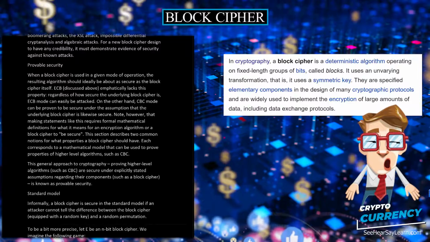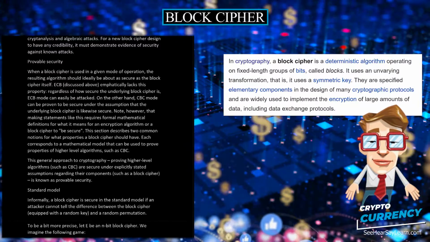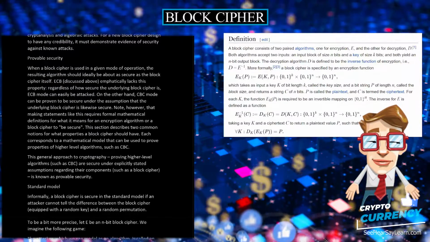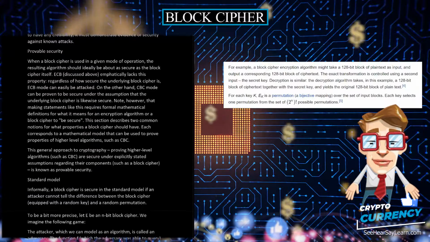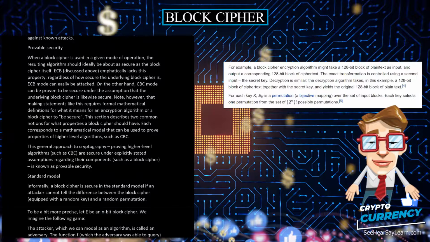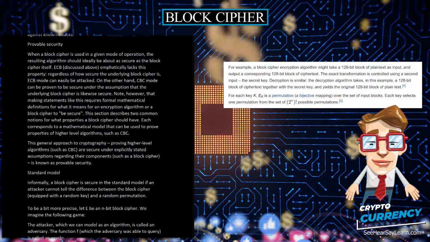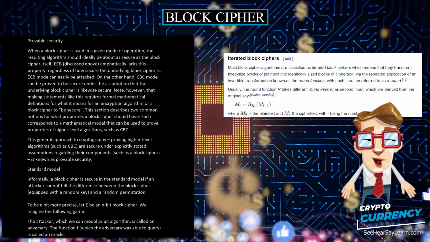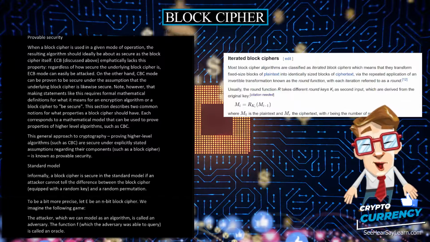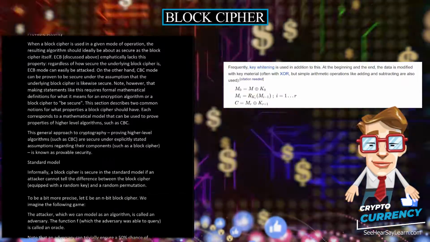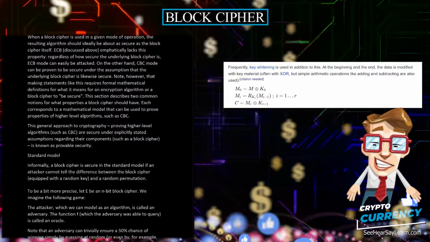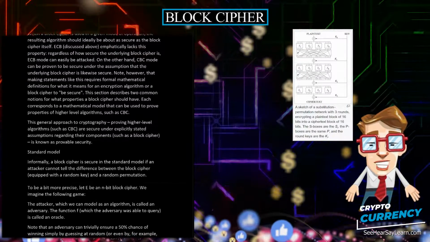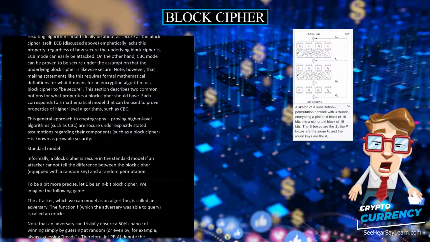This section describes two common notions for what properties a block cipher should have. Each corresponds to a mathematical model that can be used to prove properties of higher-level algorithms, such as CBC. This general approach to cryptography, proving higher-level algorithms, such as CBC, are secure under explicitly stated assumptions regarding their components, such as a block cipher, is known as provable security.